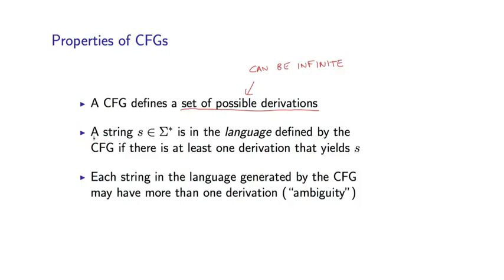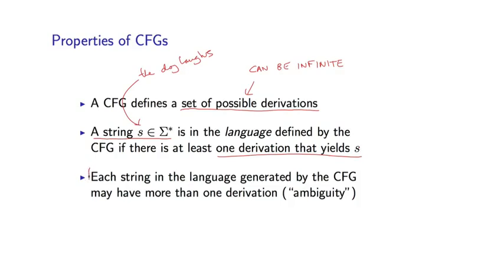We say a string S, so a sentence, for example, the dog laughs, is in the language defined by the CFG if there is at least one derivation that yields S. Okay, so a CFG defines a language. A language is a set of strings, and a string is in the language if there's at least one parse tree for the string.